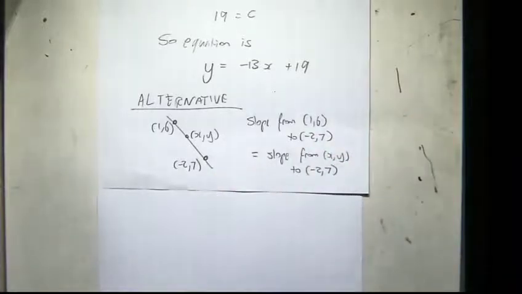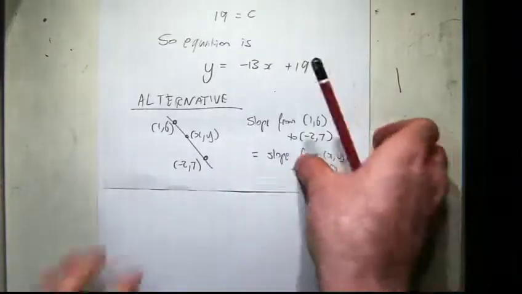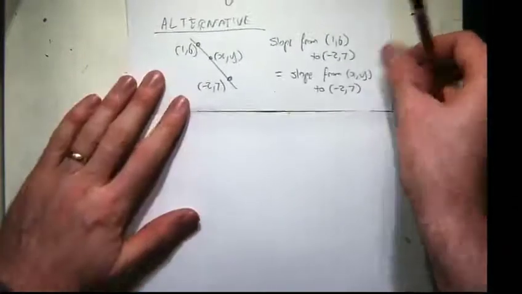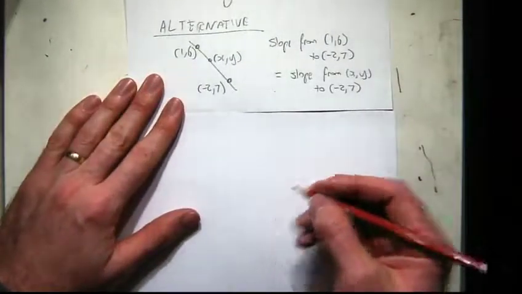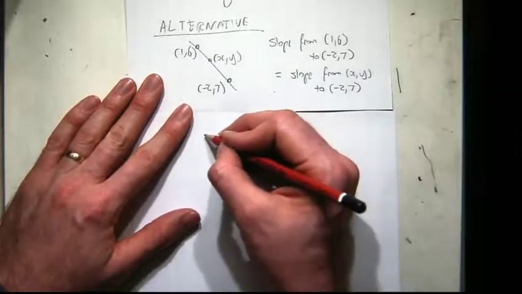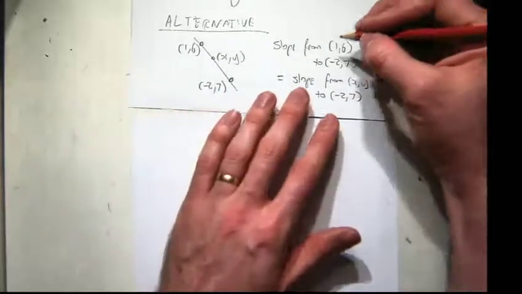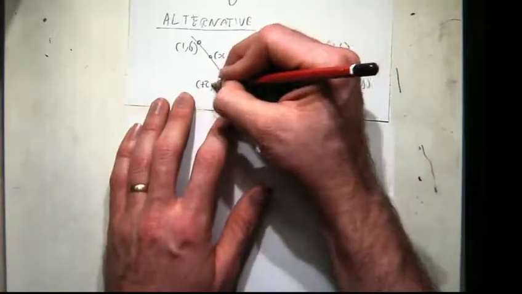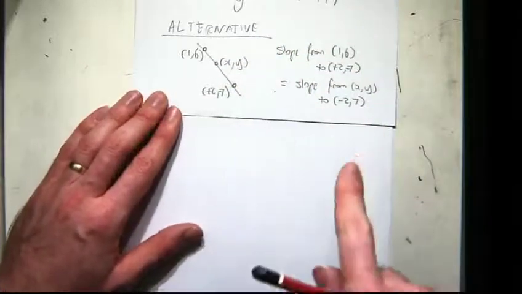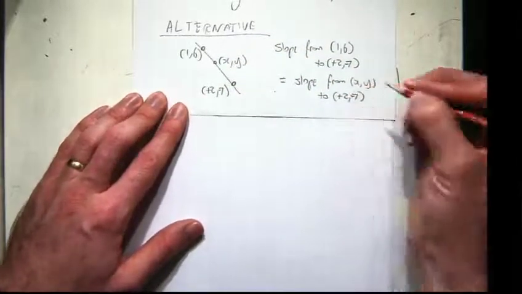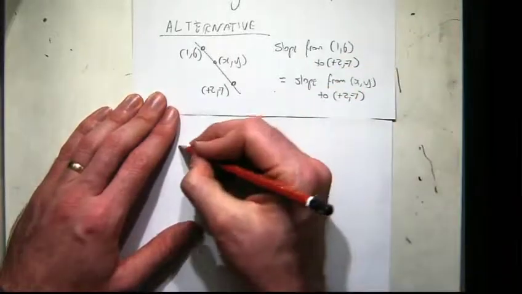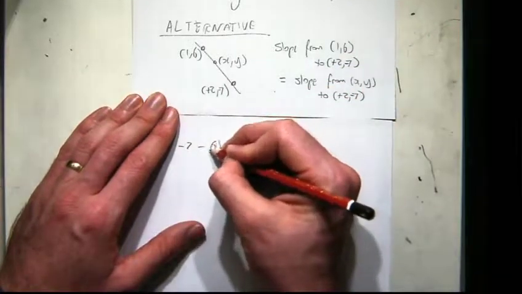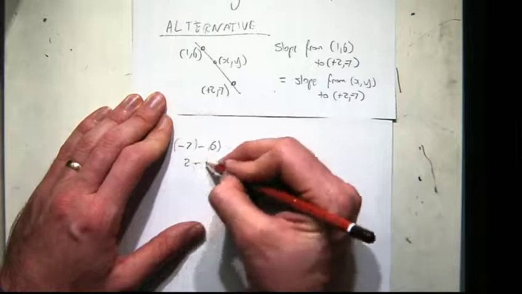The same as the slope from x, y to 2, minus 7. So if I do the slope from 1, 6 to 2, minus 7, that was minus 7 minus 6 over 2 minus 1.